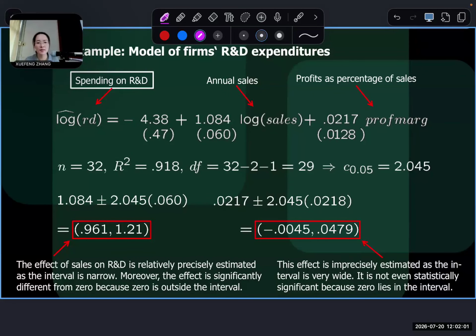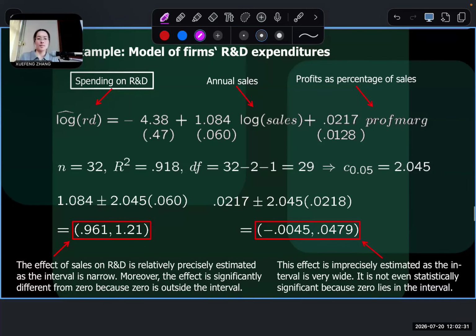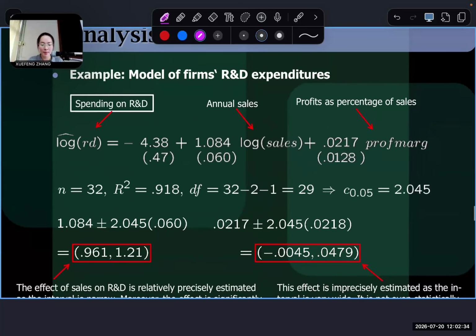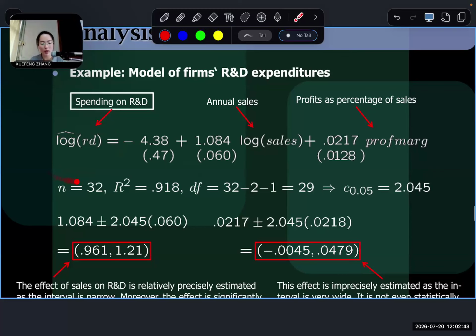What does it mean? The example is about firms' research and development expenditures, okay? So here's our model.